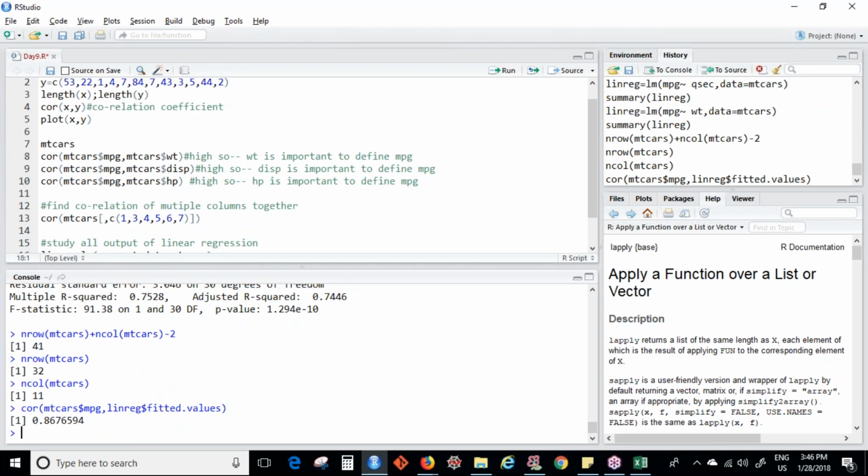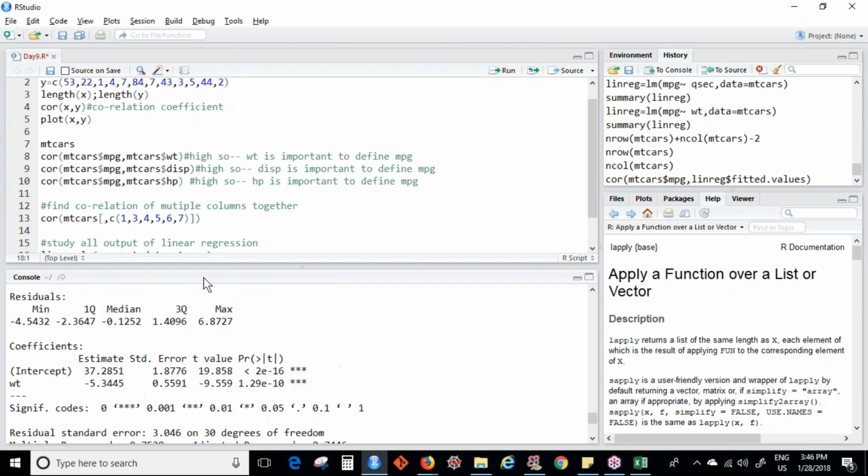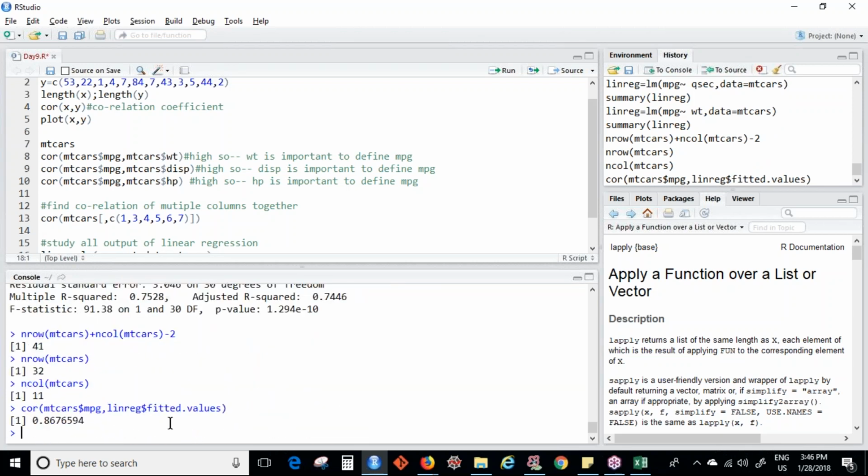No, it is cor, it is not r. There is no function as r. It is cor. So correlation between my actual values and my predicted values. I'll tell you how I got these predicted values, but as of now just assume that this is the predicted value. I got this as the correlation.